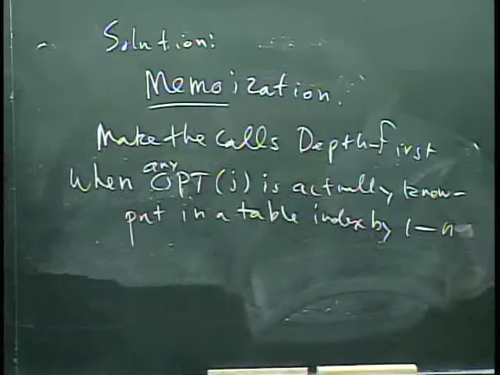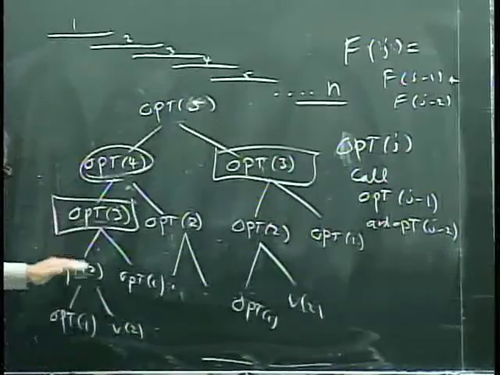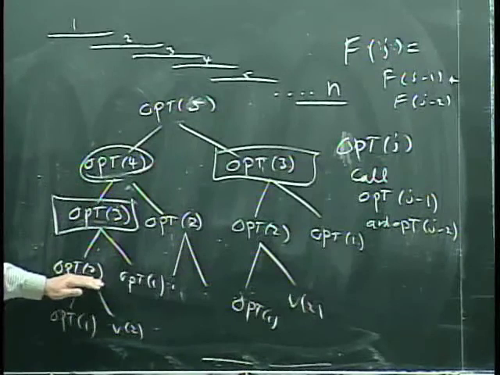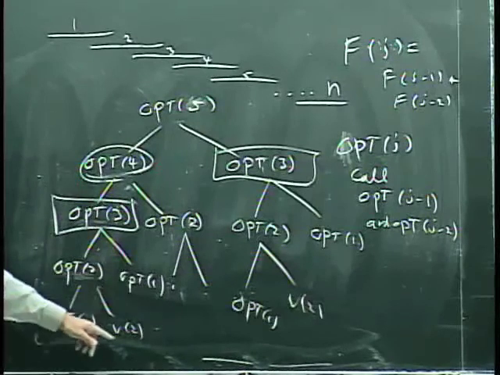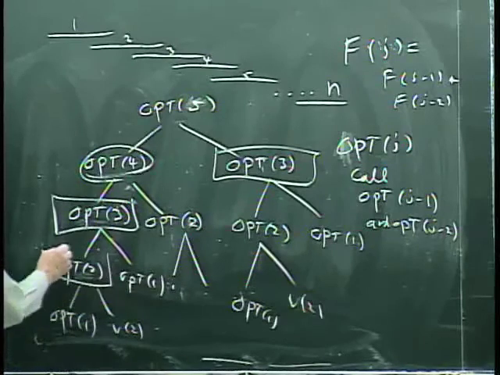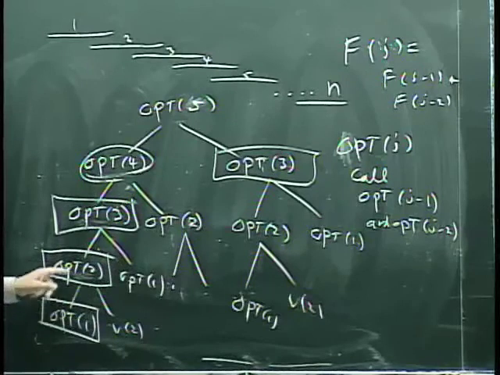So again, just looking at it this way, opt5 calls opt4, calls opt3, calls opt2, calls opt1. So we have that value. Opt2 is either opt1 or it's the value of 2, whichever is best. Now we know what opt2 is, and we also knew what opt1 is. So these could be put in a table.